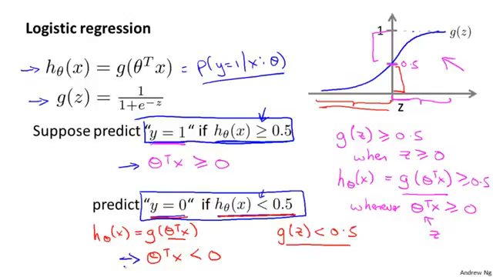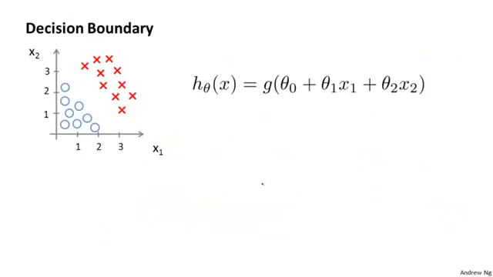Let's use this to better understand how the hypothesis of logistic regression makes its predictions. Now, let's suppose we have a training set like that shown on this slide, and suppose our hypothesis is h of x equals g of theta 0 plus theta 1 x1 plus theta 2 x2.